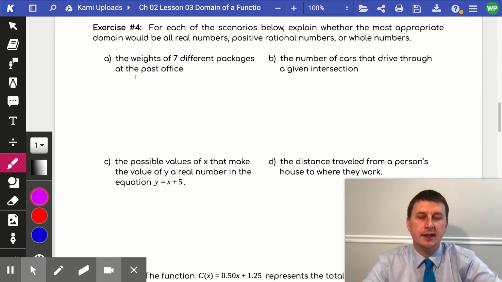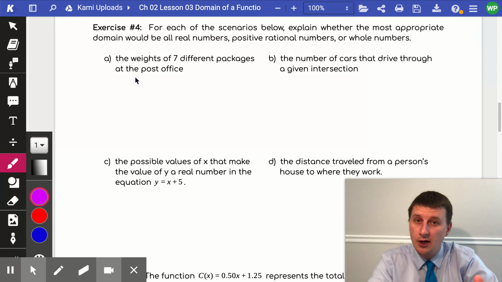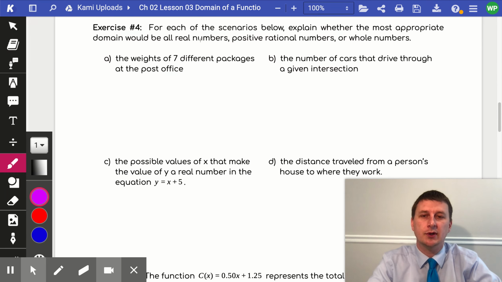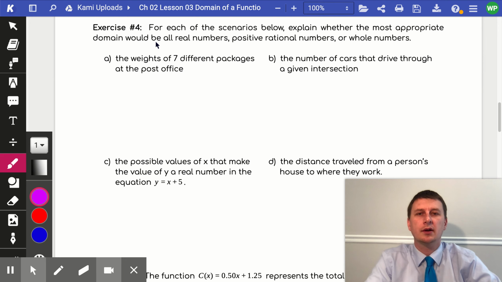So let's think to ourselves, is it possible to have negative weight? And the answer is no. You can't have negative weight. So we can't have all real numbers for this one. Let's go to rational numbers. What makes a number rational? Well, it's a terminating or repeating decimal, and it says positive rational numbers.